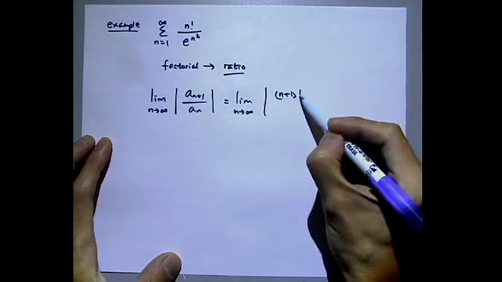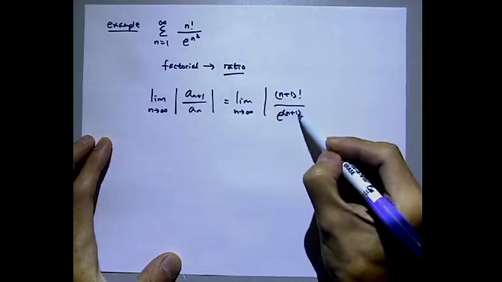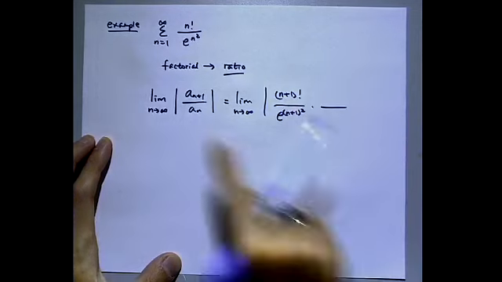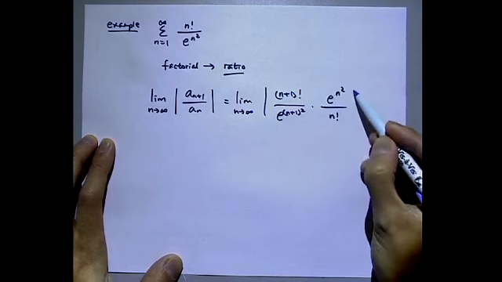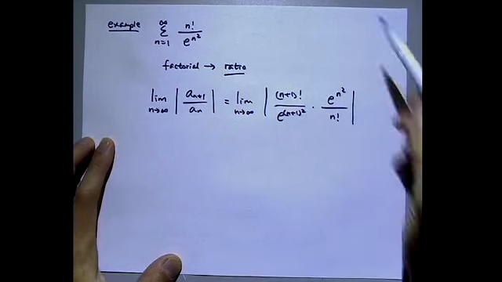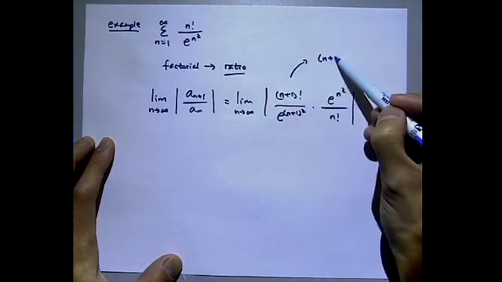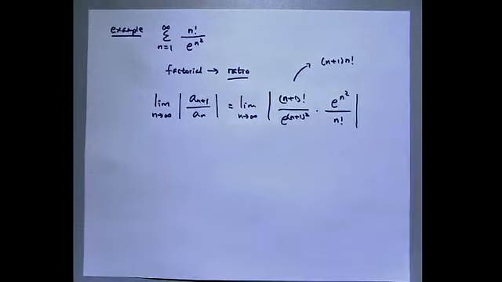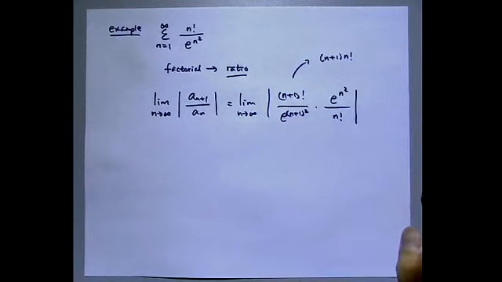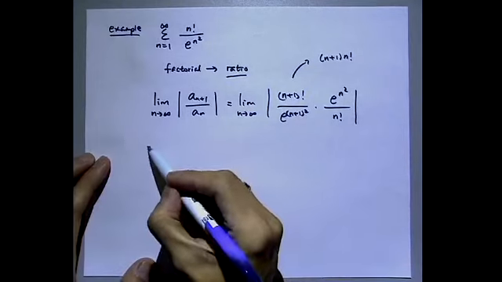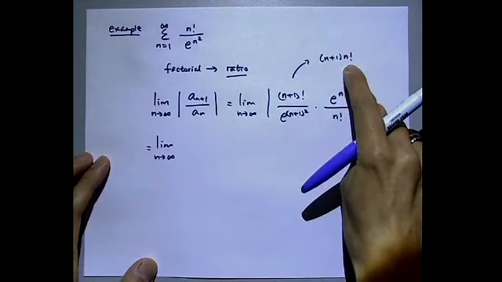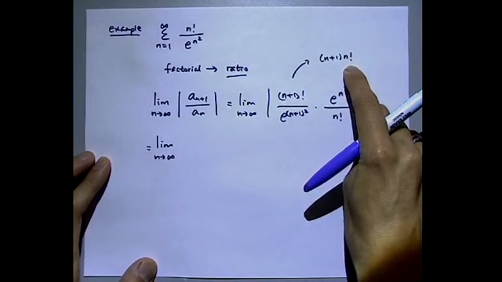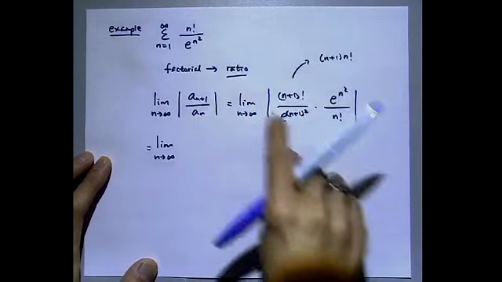N plus 1 factorial over e to the n plus 1 squared, times the reciprocal of that, so e to the n squared over n factorial. And last time we showed that n plus 1 factorial is equivalent to n plus 1 times n factorial. No other test can allow you to cancel out factorial easily. This is why ratio test is very effective for factorials.